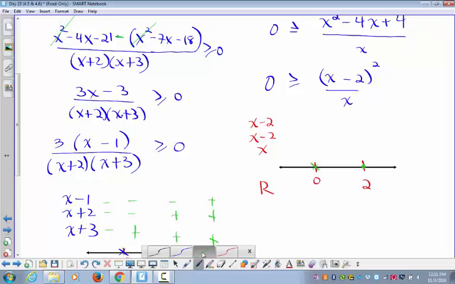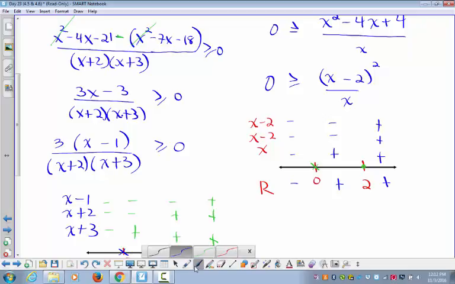So when we go to do our sign chart, how about to the left of 0? So if we pick negative 1, that's to the left of 0. We get negative, negative, negative, which is negative. If we pick 1, we get negative, negative, positive, which is positive. And then out here, it's all positive. Yeah. That's close.